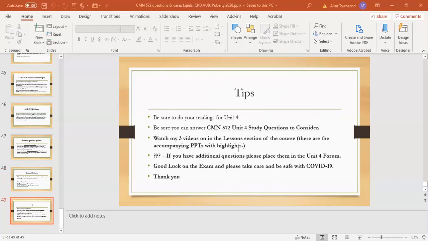Just some tips as you're preparing for this unit and the test. Be sure to do your reading in the unit. Make sure that you can answer the unit questions to consider. Those, I think, will really help you. If you can do those, you should do well.